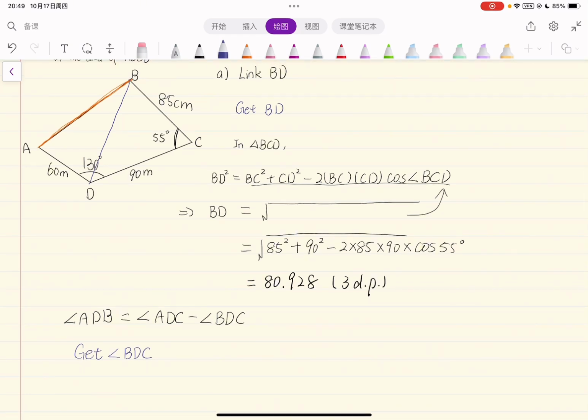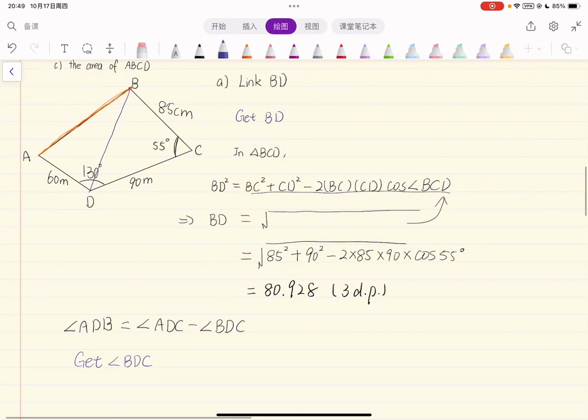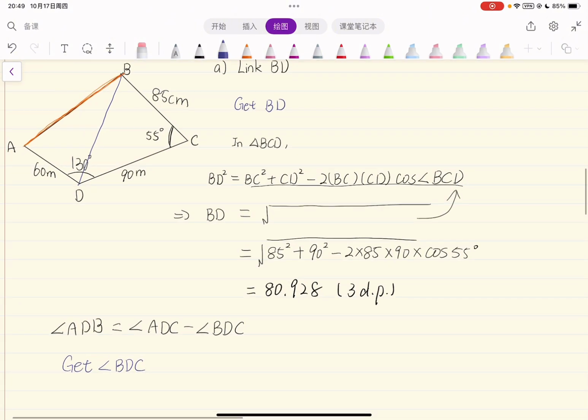Still, we look at the triangle BCD. We know the angle BCD and the opposite side BD, which we have calculated. And we know the opposite side for the angle BDC, that is BC.